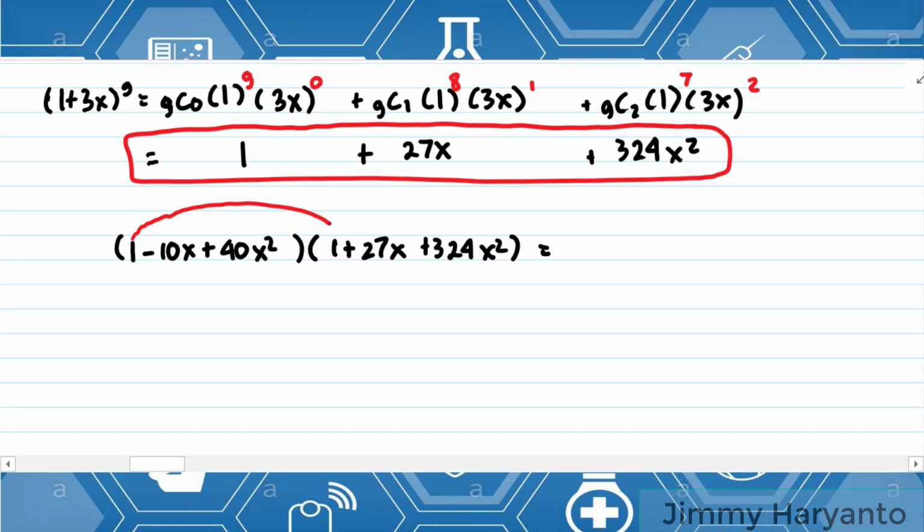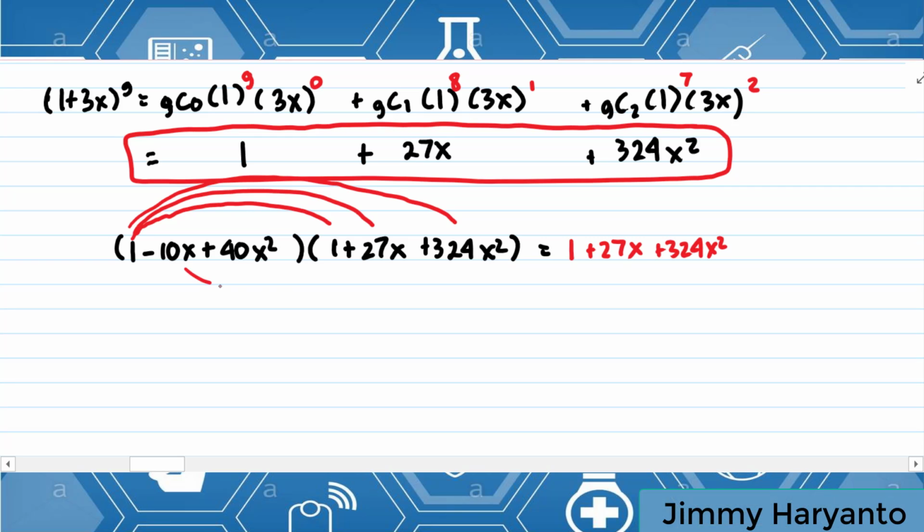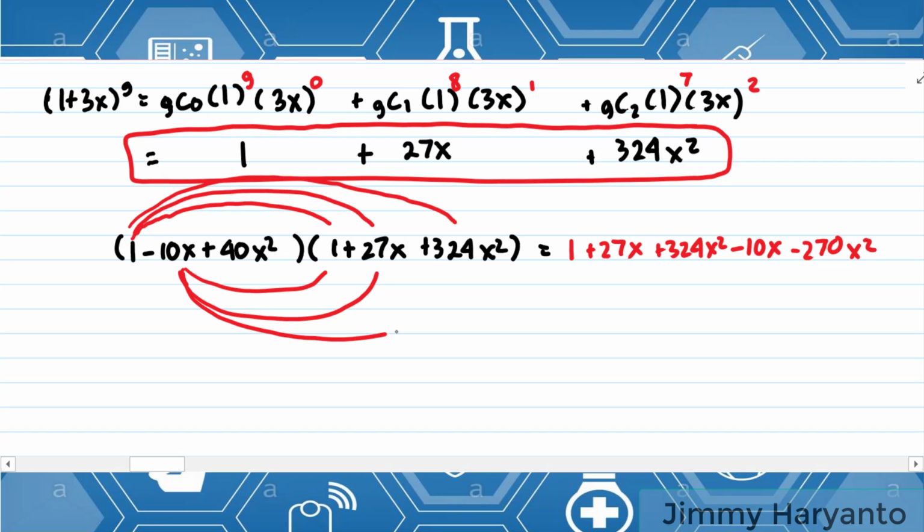First, this one times this one, it's 1, and then this one is plus 27x, this one also plus 324x squared. This one we can do, negative 10x. This one also can, negative 270x squared, but this one we cannot, because x times x squared becomes x cubed.